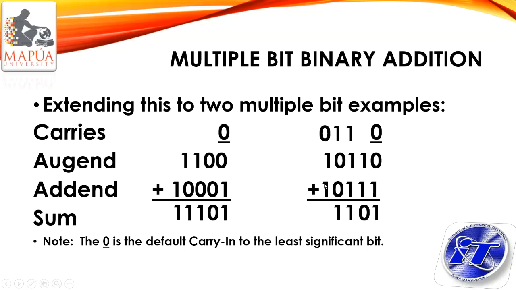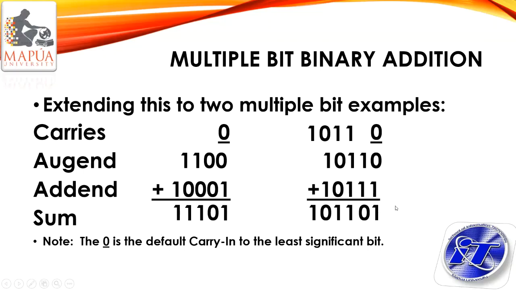So 0 plus 1 plus 1 is 0. Carry 1. And nothing to add to this one, so just bring it down. So the final answer, or the sum of these two numbers, is 1, 0, 1, 1, 0, 1. Okay, so that's how we add in binary.